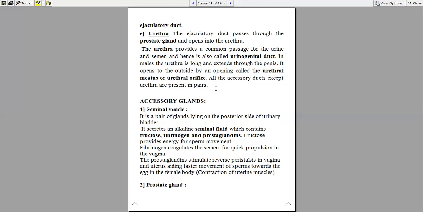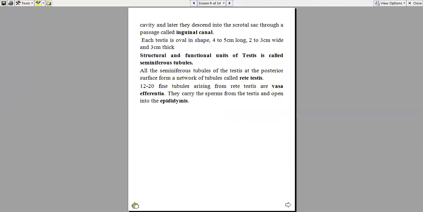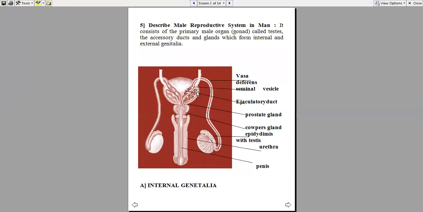Now the next question arises: what are the accessory glands in males? Number one, the seminal vesicle. We know that the seminal vesicle is present on the posterior side of the urinary bladder, as seen in the diagram.